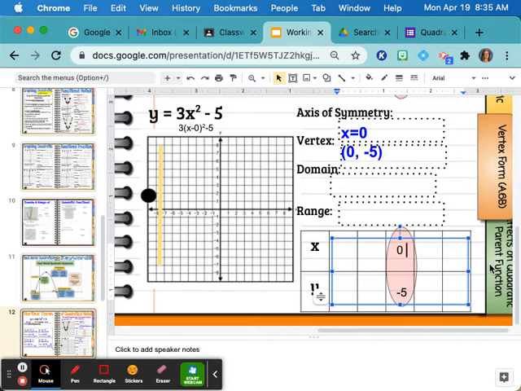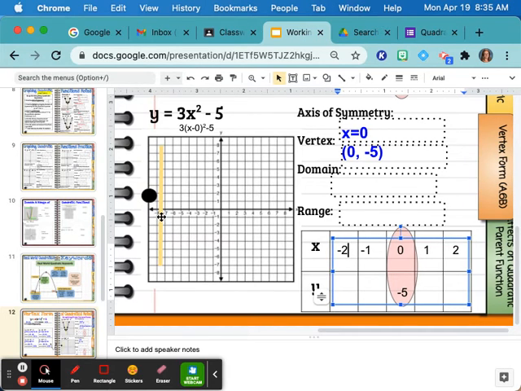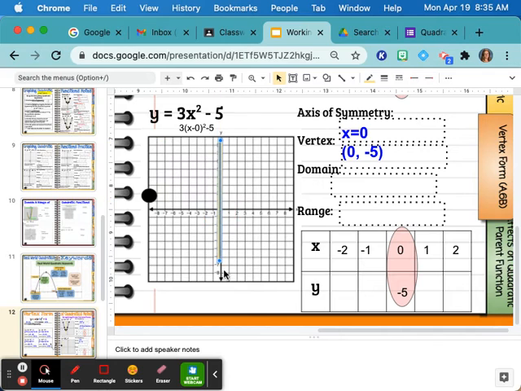What other values will I look for? I go from the vertex, I go up. So I go 1, and 2. And then backwards, -1, -2. Use your table of values on your calculator to go ahead and find those, and then start graphing it.